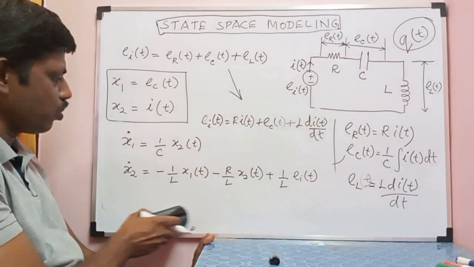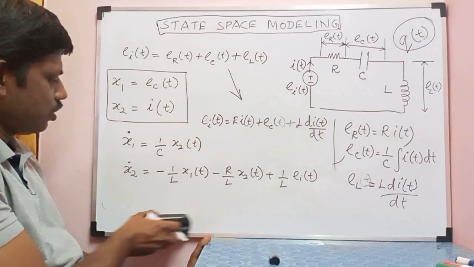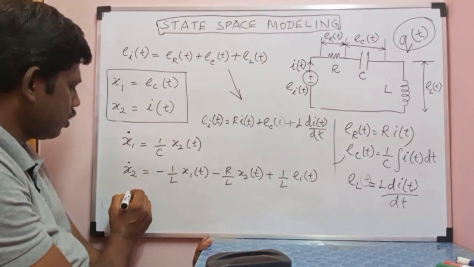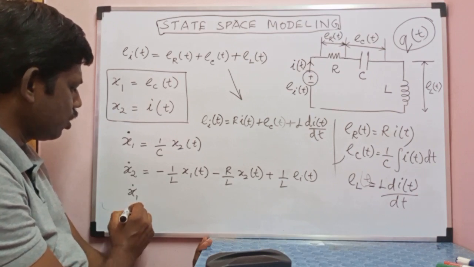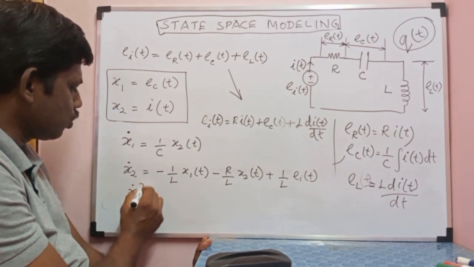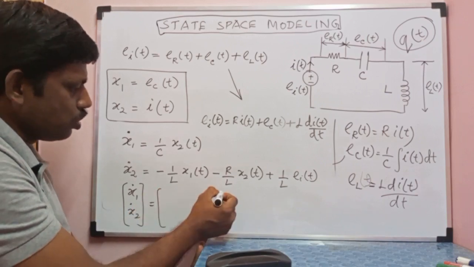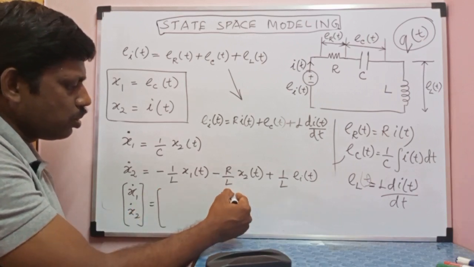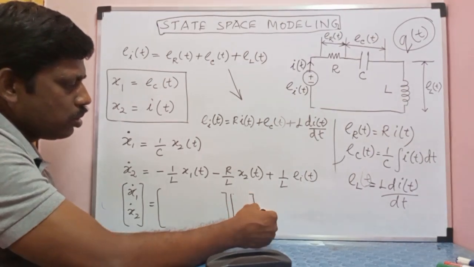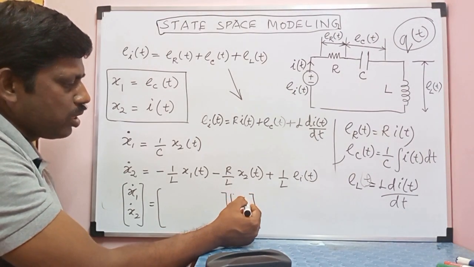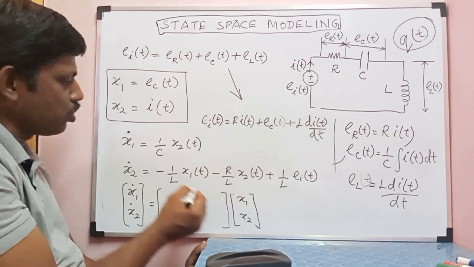So in matrix form, x1 dot, x2 dot is equal to the matrix times x1, x2.